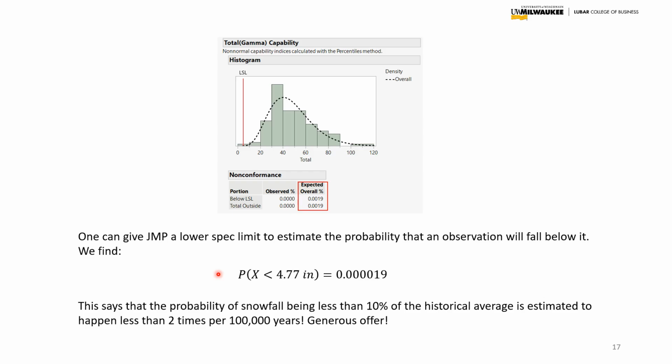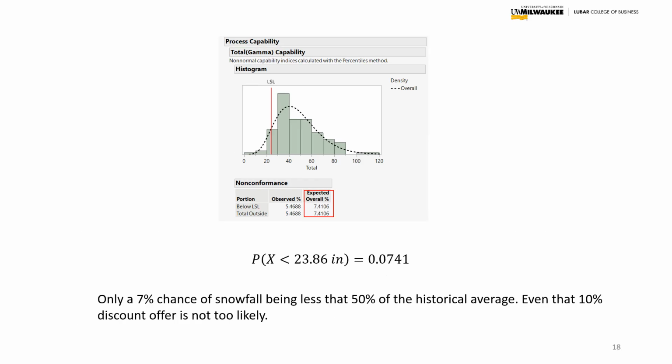The probability that X is less than 4.77 inches is equal to 0.000019. That says the probability of snowfall being less than 10% of the historic average is estimated to happen less than 2 times per 100,000 years. Boy, that's a really generous offer.